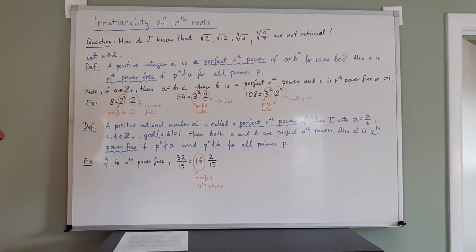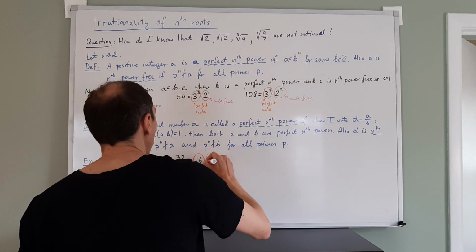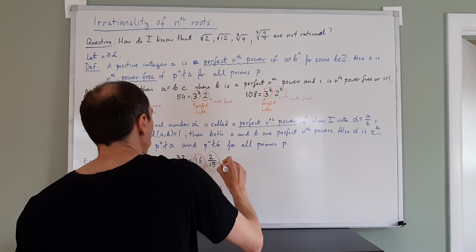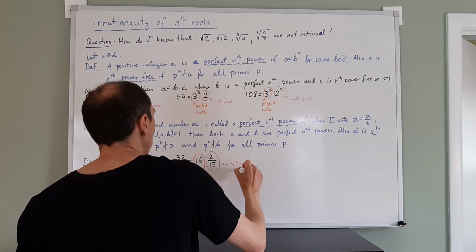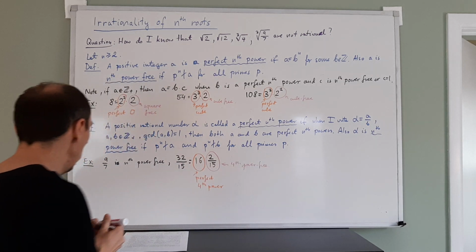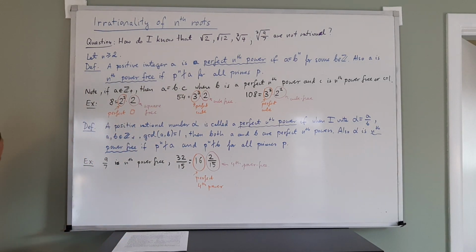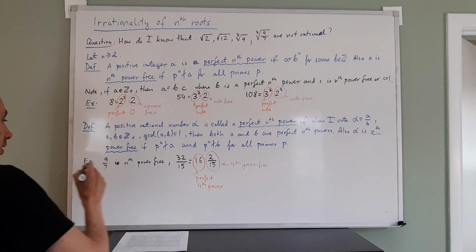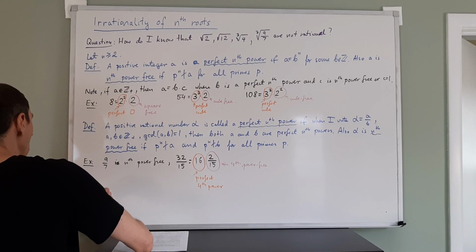while the 2/15 is 4th power free. So what I'm trying to illustrate here is that the same thing that I wrote about the integers, which are now corrected, is also true for rationals.